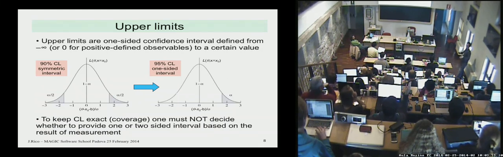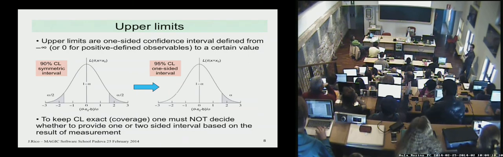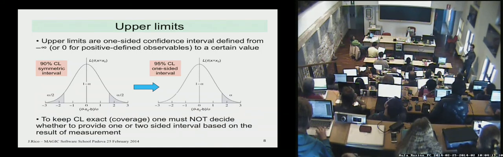No problem with that, because the only property that the interval you define has to fulfill is that it contains the real value in a certain percentage of the experiments. So if you define 95% confidence level, 5% of the times that you do an experiment, your interval will not contain the real value.